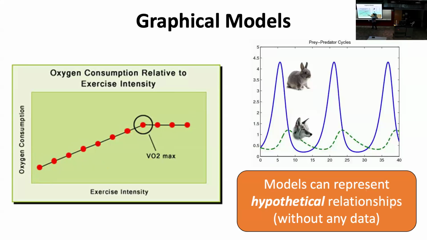But then there's also the what-if that if you were to run this experiment, we'd expect data to cluster around there, which the red dots show. So these graphical models are often going to be more illustrative than just stating your idea about VO2 max.